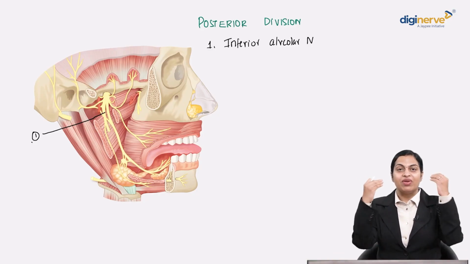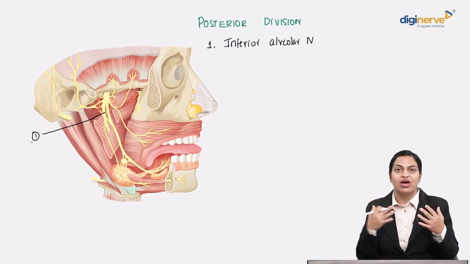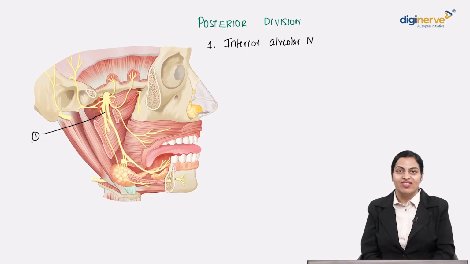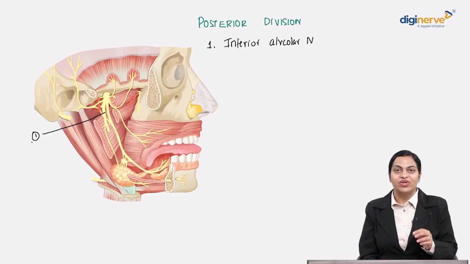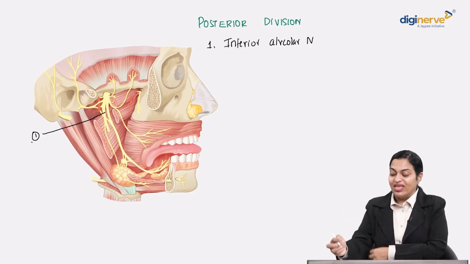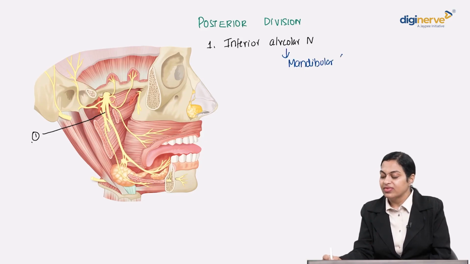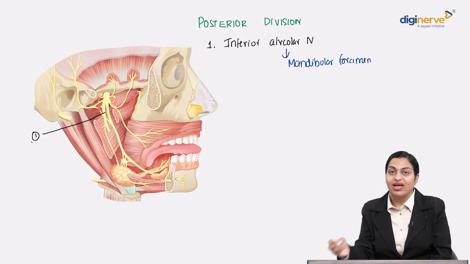It supplies the teeth of the lower jaw, all of them: the molar, the premolar, the canine and the incisor, right? And there was one question in a competitive examination pointing to a foramen on the inner surface of the mandible, asking what passes through it. That is the inferior alveolar nerve passing through the mandibular foramen, right?